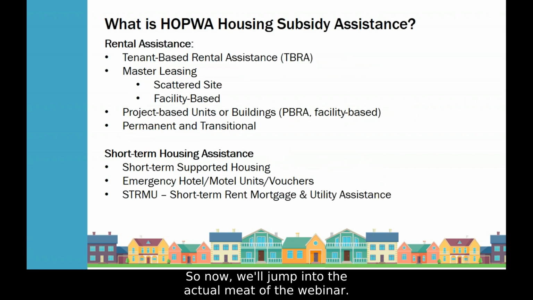So now we'll jump into the actual meat of this webinar. There are several ways that HOPWA funds can be used to provide housing subsidy assistance. One broad area is rental assistance.